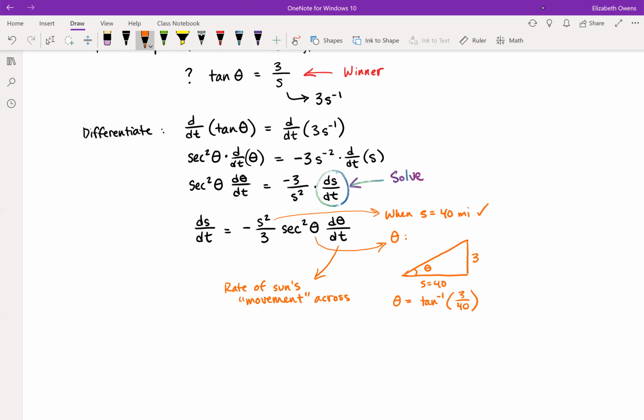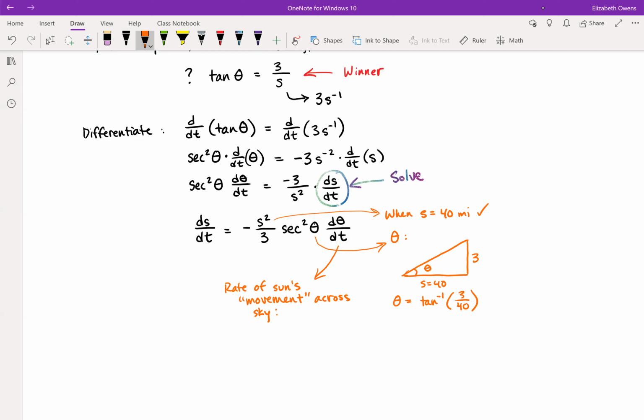And I put movement in quotes there because remember that it only really appears to us like the sun is moving. We are actually moving around the sun. And Earth is spinning on its axis. That's what causes the sun to appear to move across the sky.